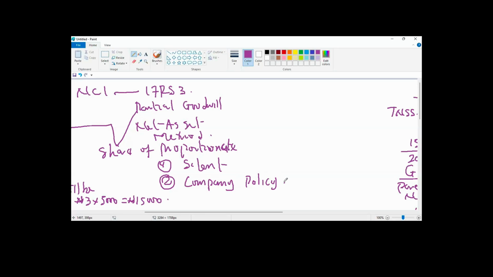And the second one, company policy. They will give you the fair value, they will give you market price per share, but they will tell you that it is the policy of the company to use share proportionate. And company policy supersedes anything.